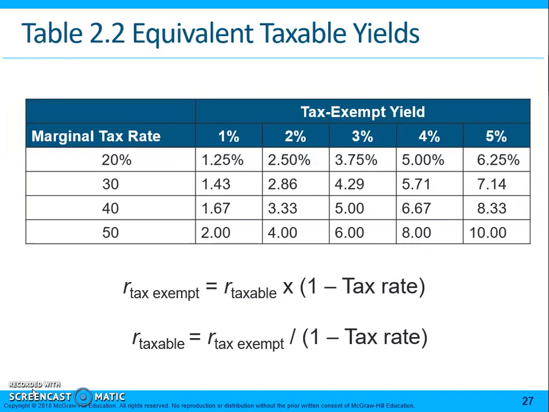So the formulas for both are down at the bottom of the page there. So we could also convert that 4% back to the after tax yield. That would be 4 multiplied by 1 minus 0.5 to get the after-tax yield.